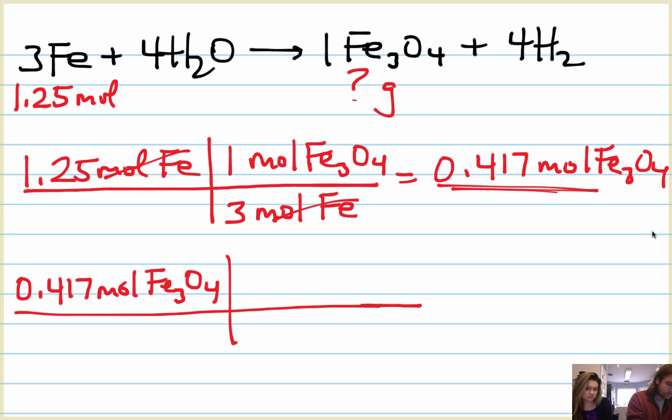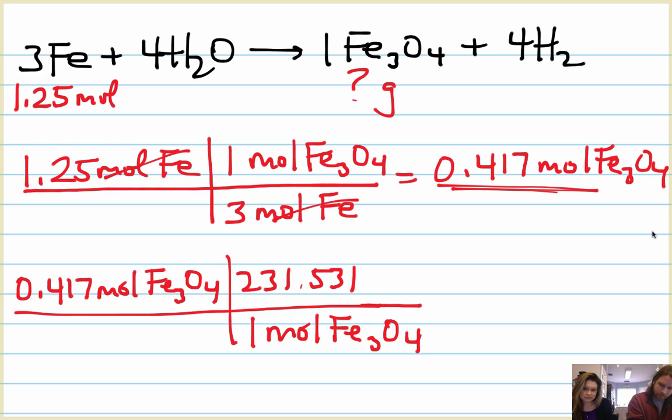I want to get rid of moles, so in 1 mole of Fe3O4, we find the molar mass. Oh, molar mass again. Molar mass is back again to torture you. So how many grams are in 1 mole of that? We add everything together, and it's 231.531 grams of Fe3O4.